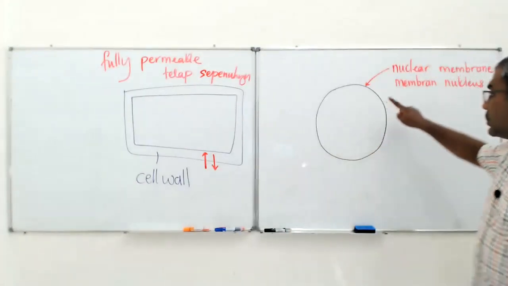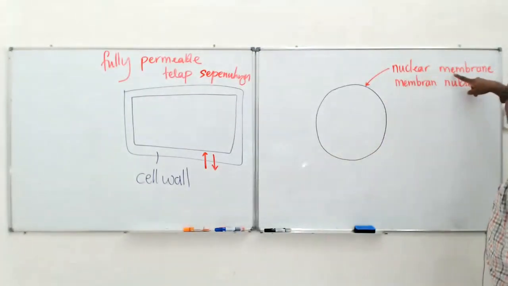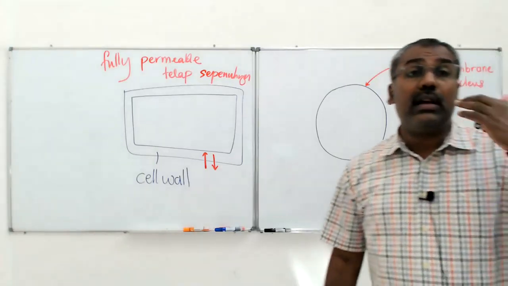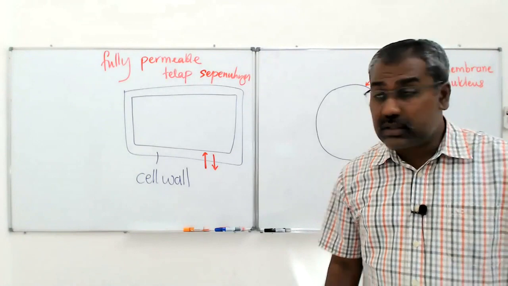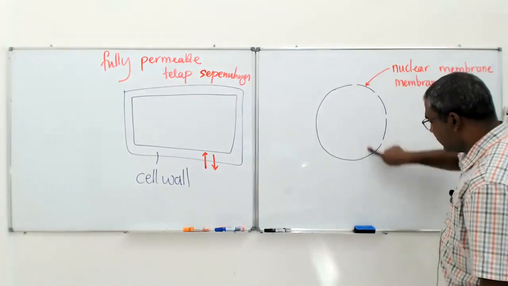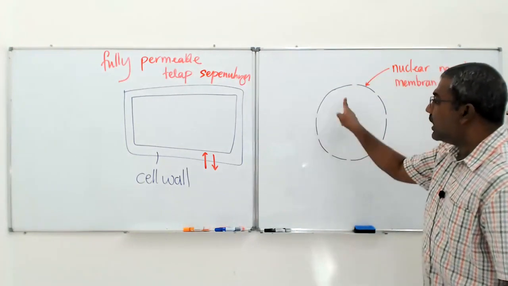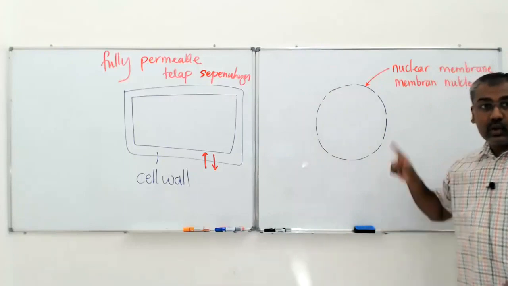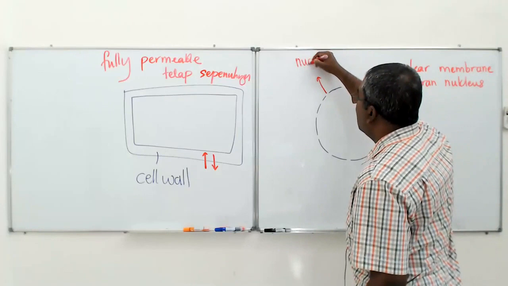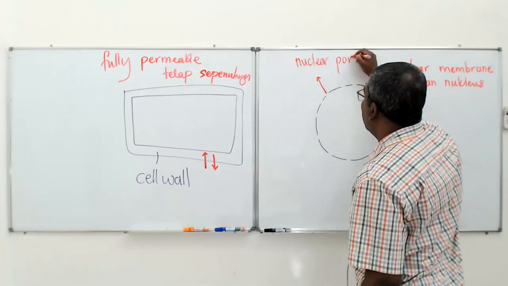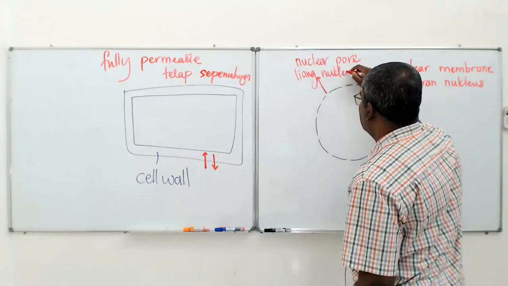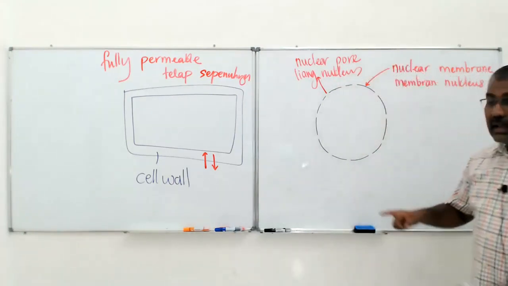Okay? So lapisan yang dua ini dipanggil sebagai nuclear membrane atau membrane nucleus, and it has pore, nuclear pore, liang nukleus. Maknanya dia ada lubang. It has pores. So lubang itu dipanggil sebagai nuclear pore. Liang nukleus. So kenapa dia ada lubang?